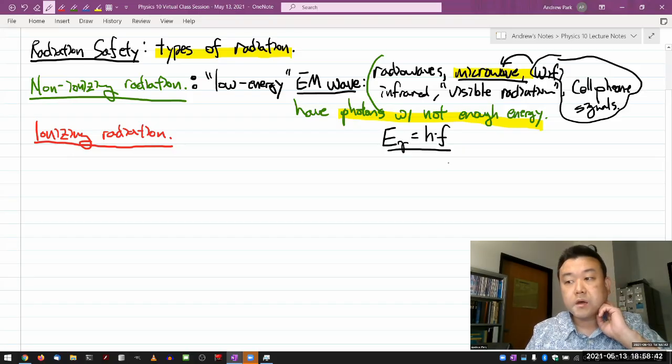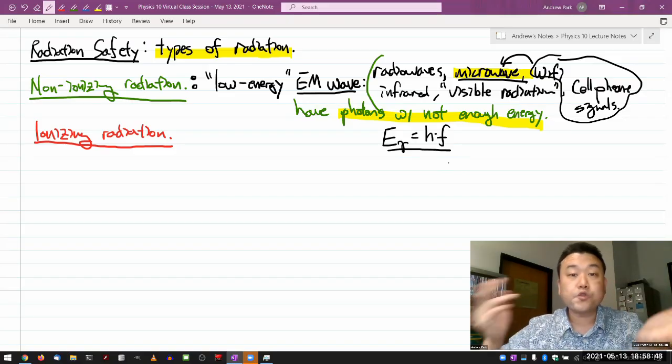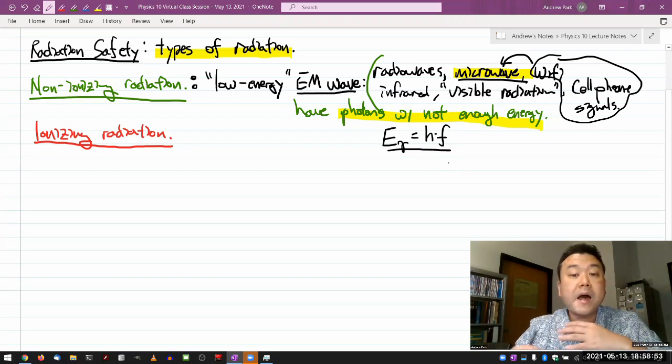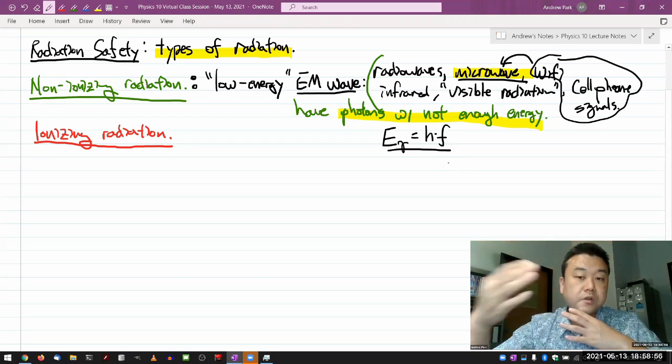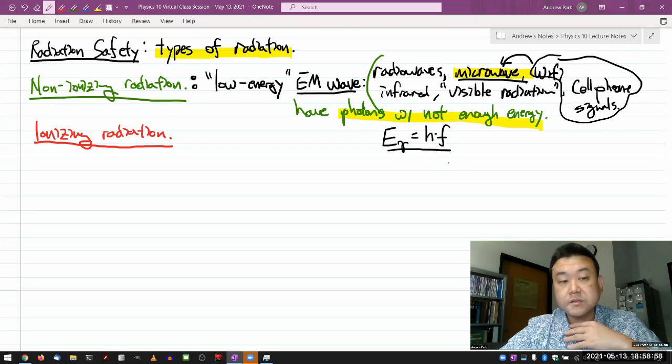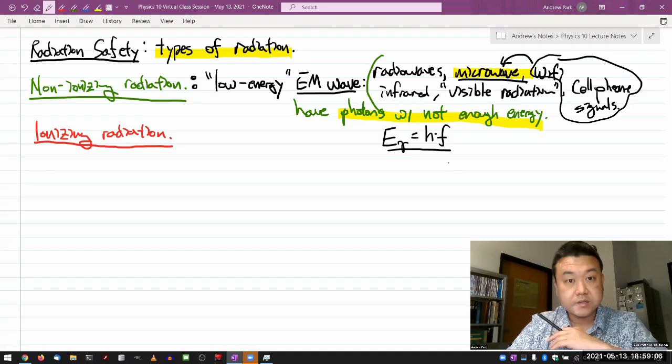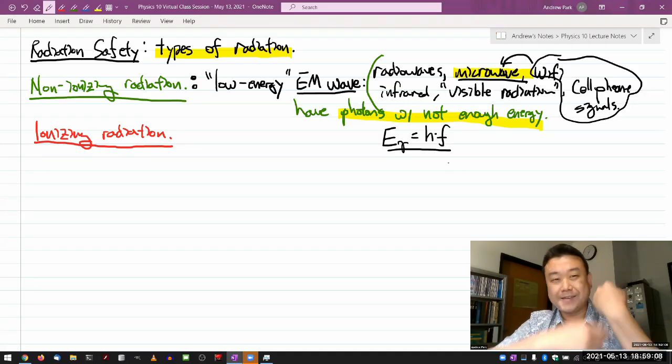So with the laser pointers, with, like, a CO2 laser that's used for cutting stuff, no matter how much energy you put into the laser, it will still not cause ionization. With some of those lasers, like CO2 lasers, the real danger is a mechanical danger, as in it can cut through your arm.